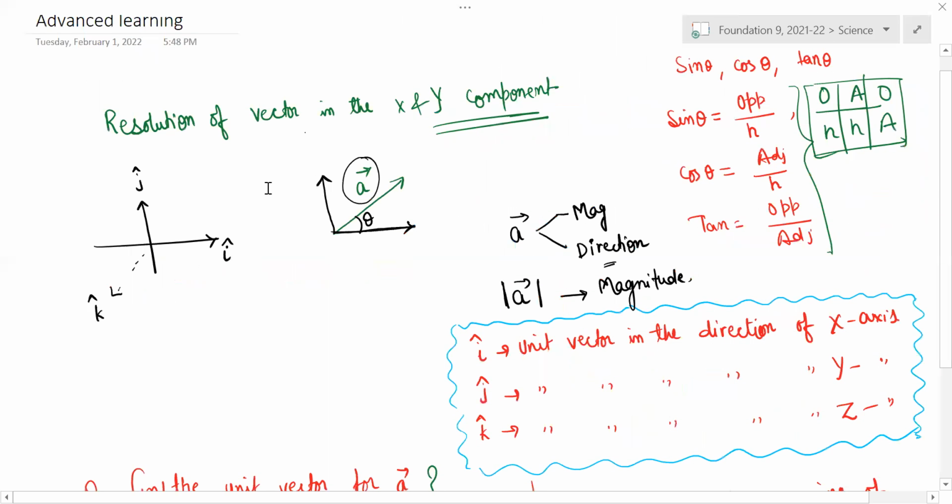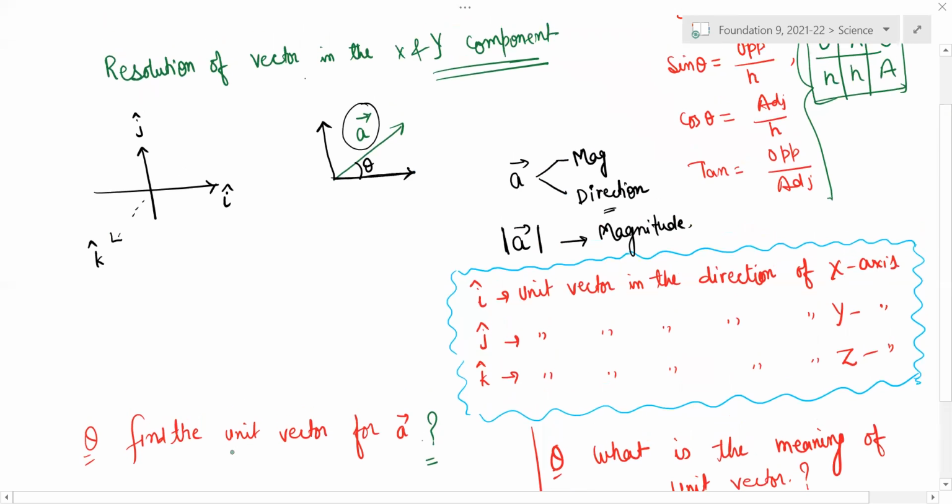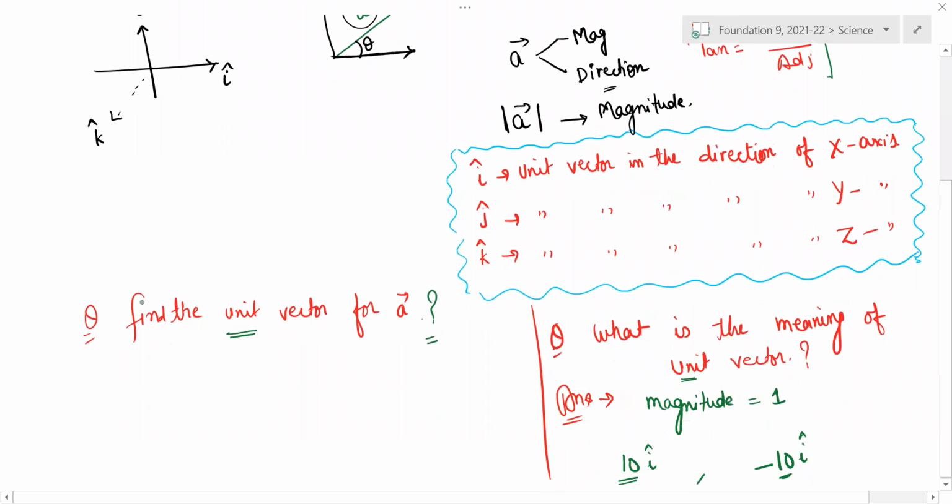So now in this situation, it has been asked to find the unit vector for vector A. Meaning you have to find the unit vector, meaning magnitude should be 1. In other terms, what is being asked? I am asking A cap. A cap is what, beta?